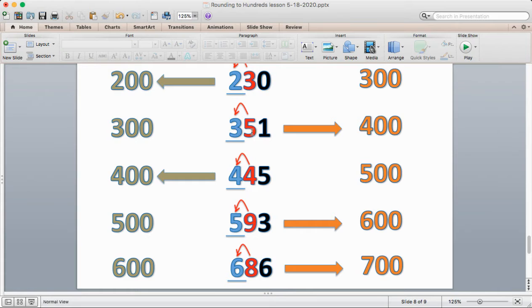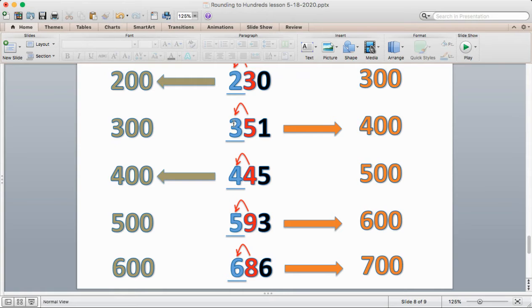We go to 351. This number 1 has nothing to do with anything. As we said, this 1 spot will not have anything to do with what happens with this 100 spot. The 10 spot in the red here does. So this 10 spot is talking to the 100 spot. The 5 is telling the 3 that it's got to do what?